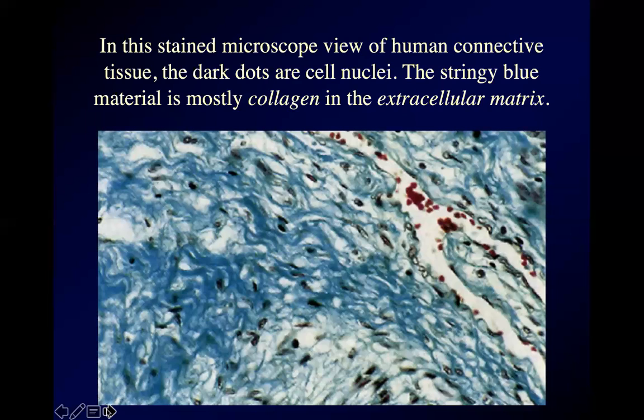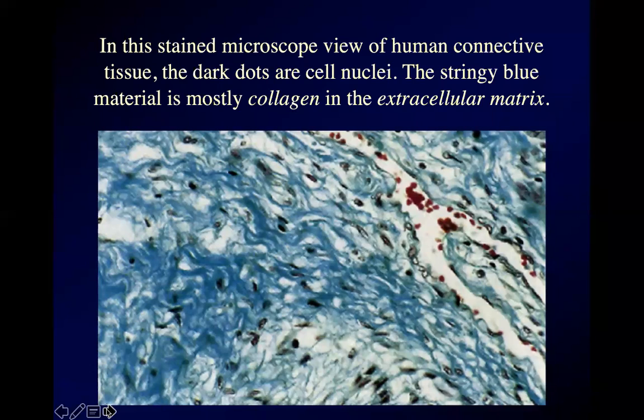Don't worry about that name, but this is a little piece of it that has been sliced very thin, stained with a chemical stain, and put on a microscope slide. And the reason I picked this is you can actually see a blood vessel towards the upper right, but most of this, you can see some dark dots.